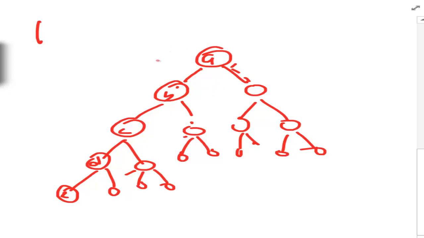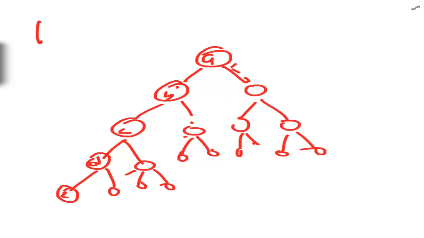But array representation is good if we have a complete binary tree. In that case, the array representation will be very simple. But in the case of a tree which is not complete, which has a lot of missing nodes, it wastes a lot of space.